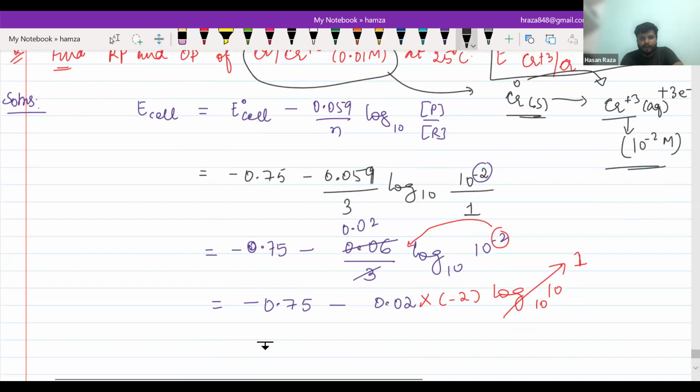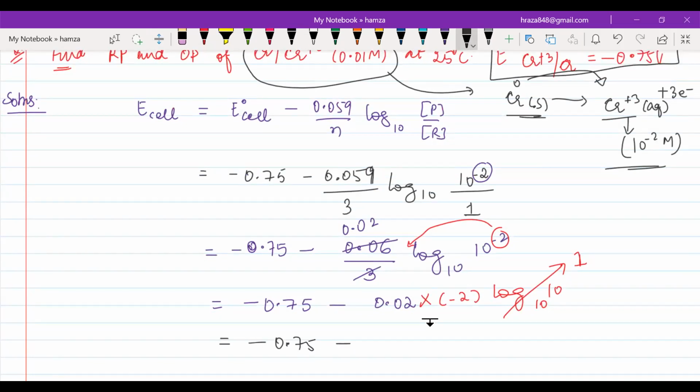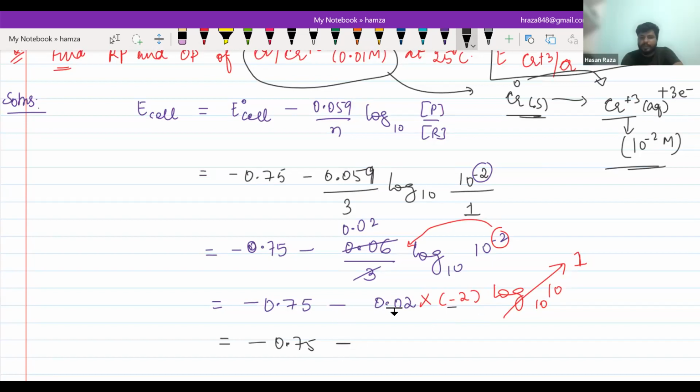Hamza, are you getting it? Yes, sir. Again 0.75 minus, if you multiply minus into minus, it will be plus, and you can solve it. You know that electrode potential will be reduction potential and oxidation potential will be negative of reduction potential.